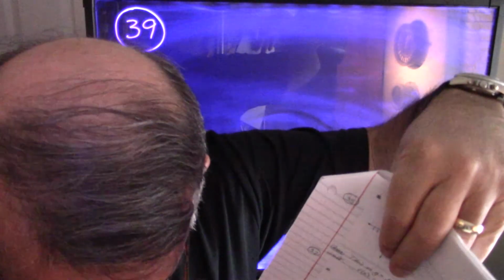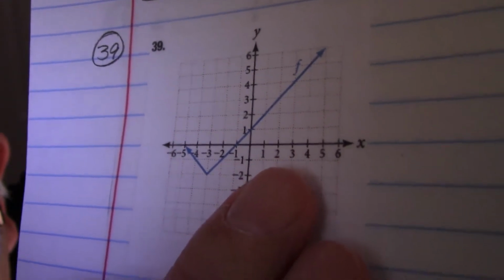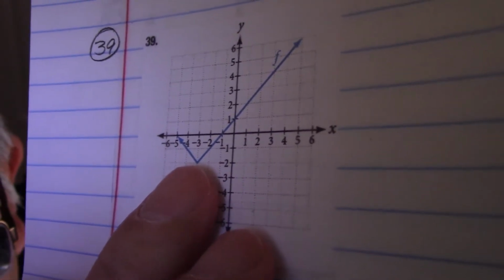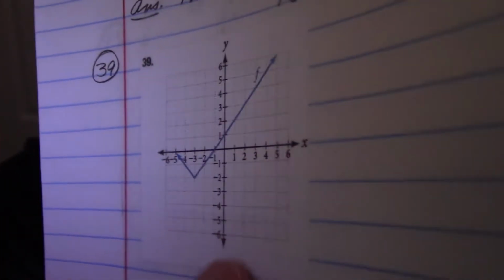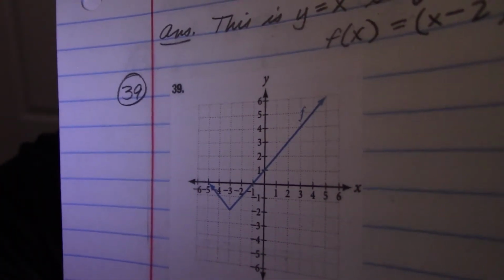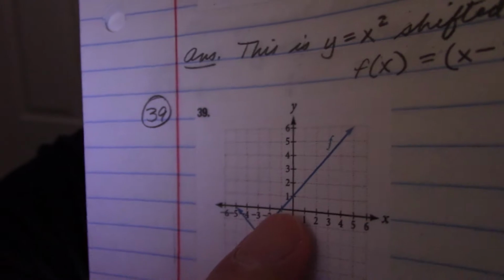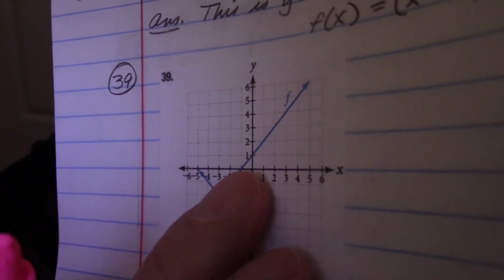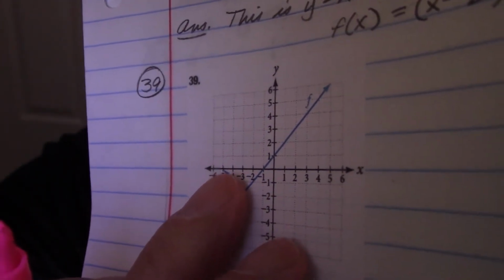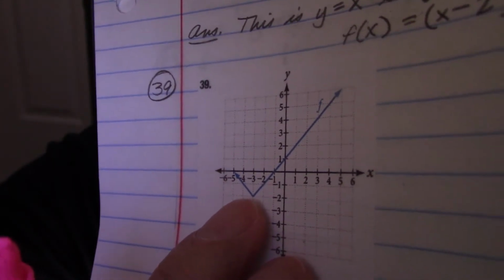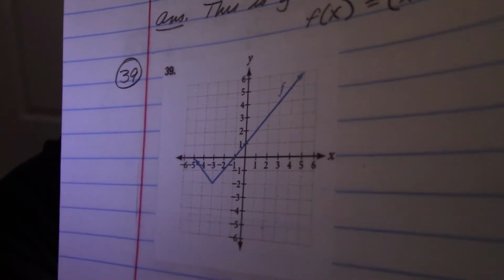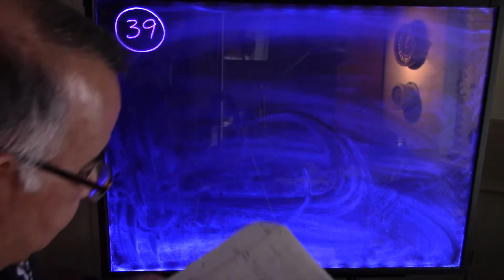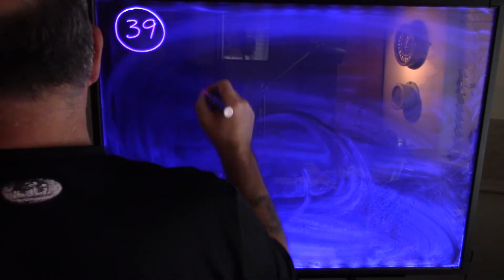Number 39. Well, there's your absolute value shape, the V. It looks like it's been shifted left 3. It starts at 0, 0, but this shifts left 3 units, down 2 units. So left 3, down 2.